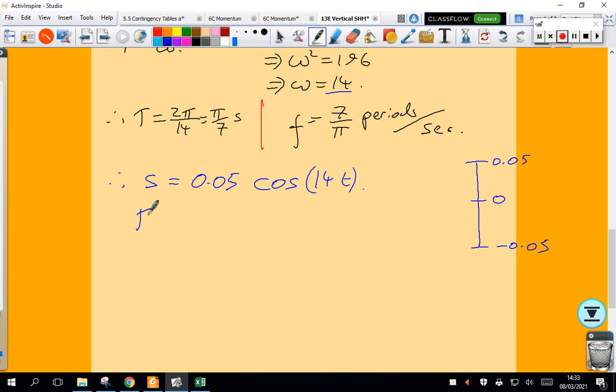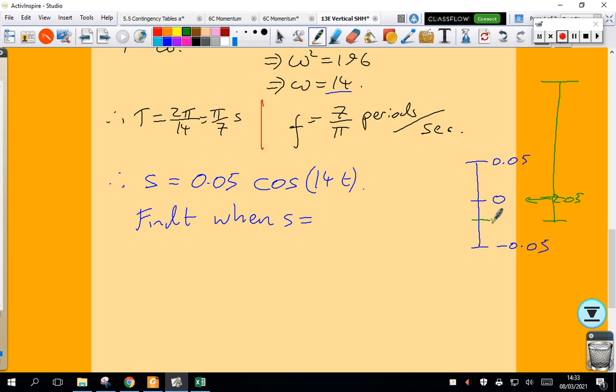We're trying to find t when s equals 2.08 meters below the ceiling. Remember, this point here is 2.05 meters below the ceiling. So if the ceiling is up here, that's 2.05. 2.08 will just be a little bit below that.